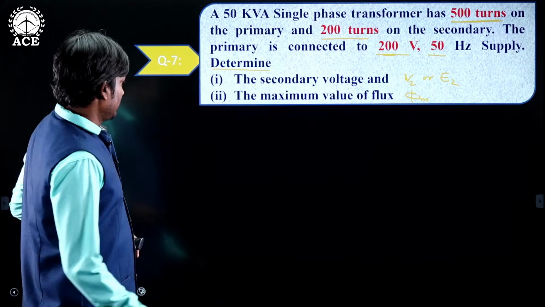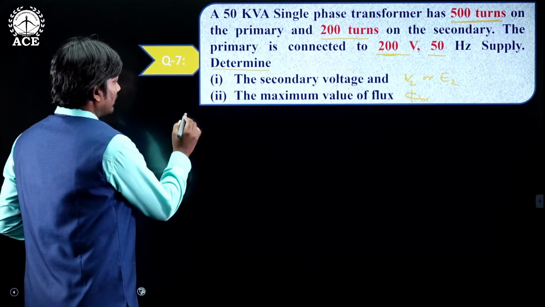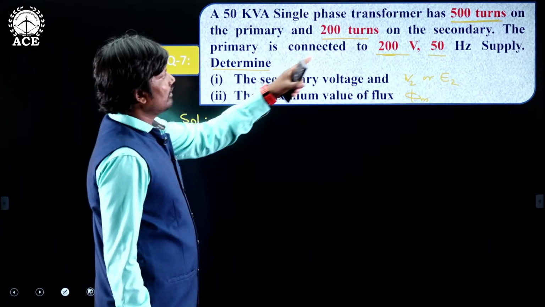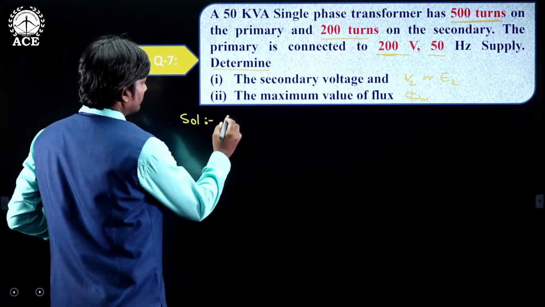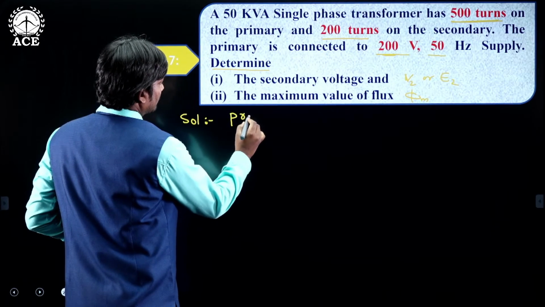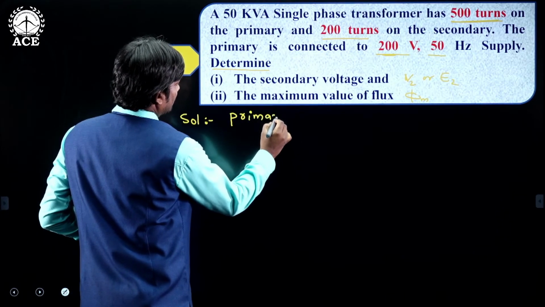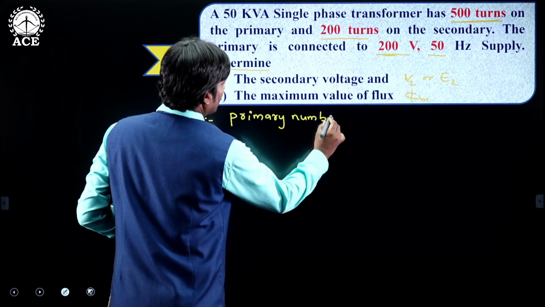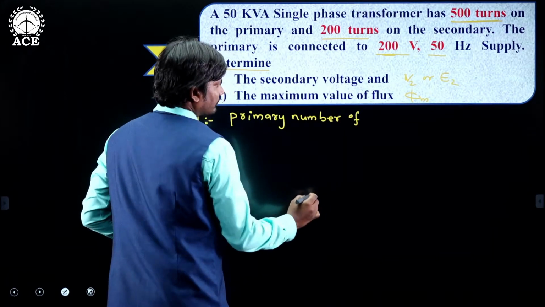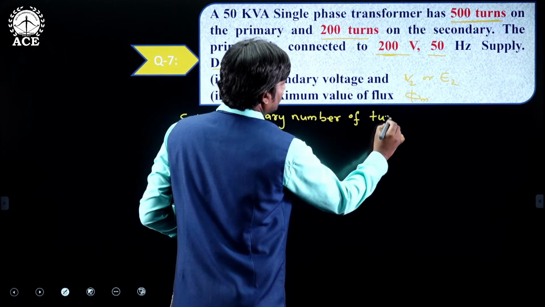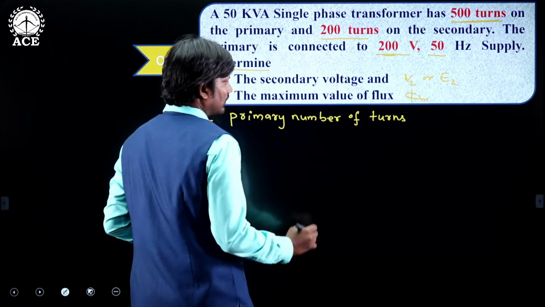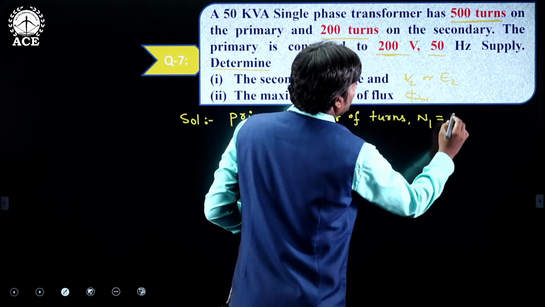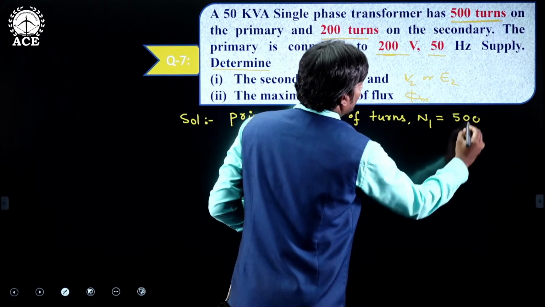First write the given data. Now the solution. Primary number of turns, N1, is 500.